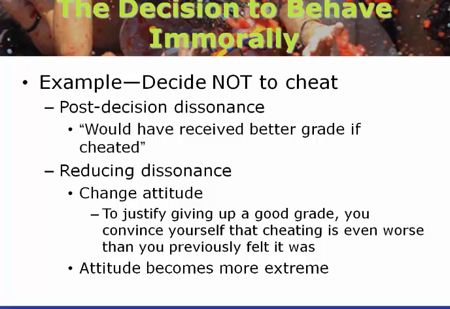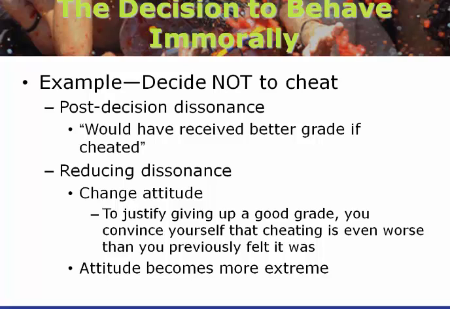Now, if we decide not to cheat, and we say, I'm changing my behavior, I'm keeping the belief that cheating is wrong, I'm changing the behavior of cheating, this in and of itself is going to create dissonance. Remember we talked about post-decision dissonance? Anytime we make a decision, there are some bad things about the decision that we made. So deciding not to cheat helps me reduce my cognitive dissonance because I don't feel guilty for cheating.